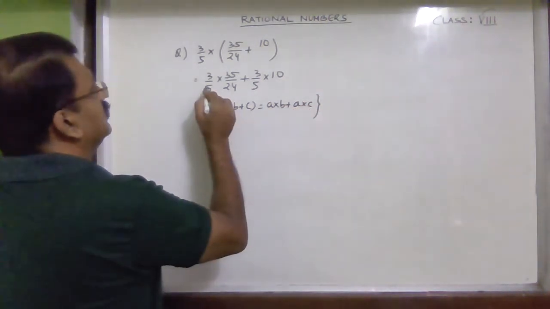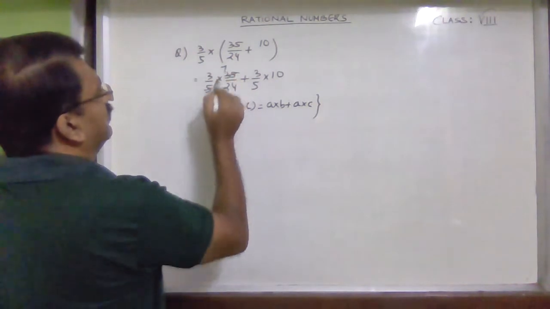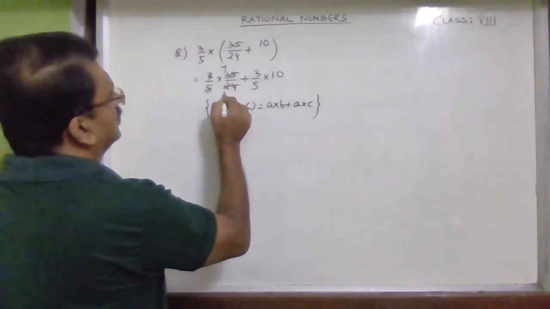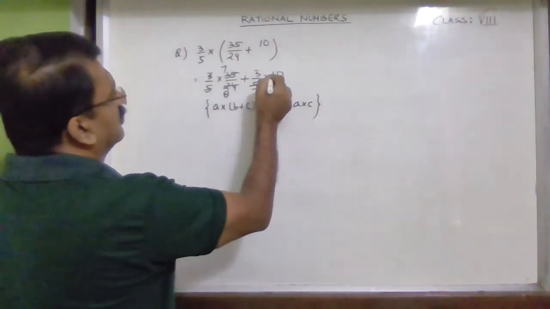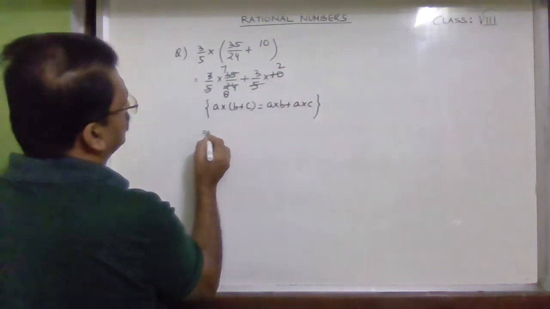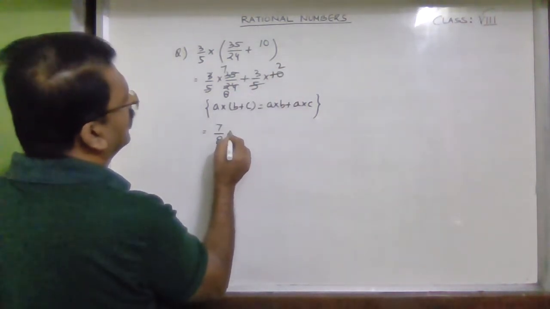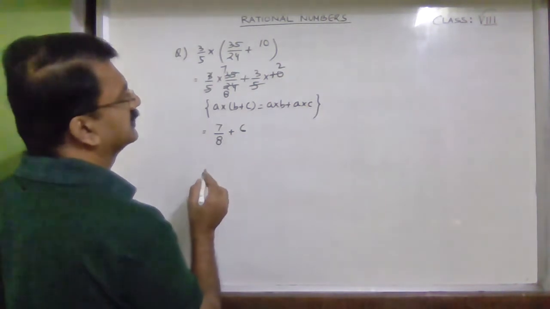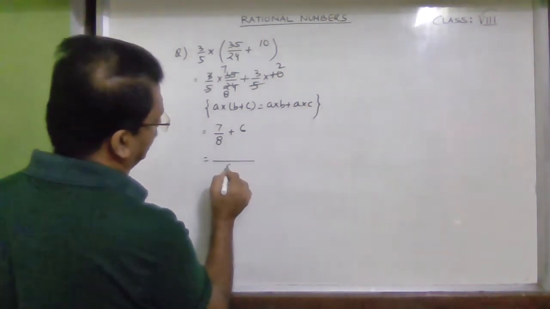Okay. Now you see, 5 sevens are 35, 3 eights are 24, 5 twos are 10 here. So 7 upon 8 plus 6. Now you take the LCM 8.